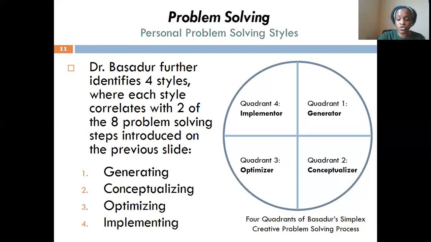So what I'd like you to do also in your Lab 3 teams is to determine who is a generator in your team, who is a conceptualizer, who is an optimizer, and who is an implementer. So please, on Microsoft Teams, have this discussion and post the results either in a Word document or a PDF slide for me to see in your Microsoft Teams.